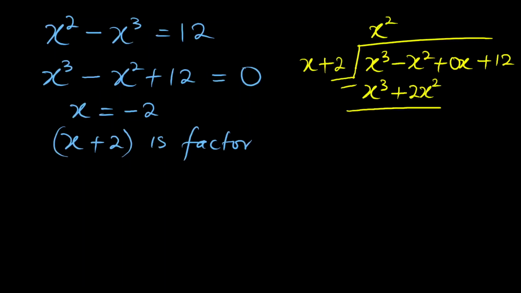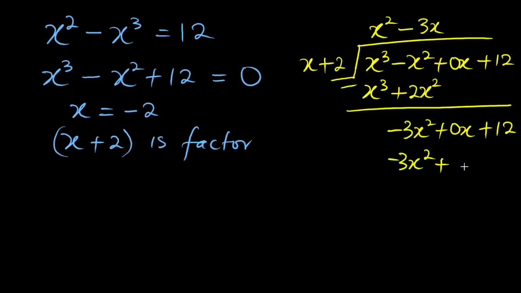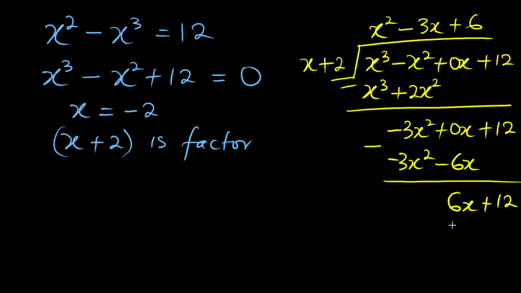We subtract this, we get minus 3x squared plus 0x plus 12. Then the factor here is going to be minus 3x. That multiplies to give us minus 3x squared minus 6x. When we subtract this, we have 6x plus 12. Now we can see that plus 6 will go here without a remainder.